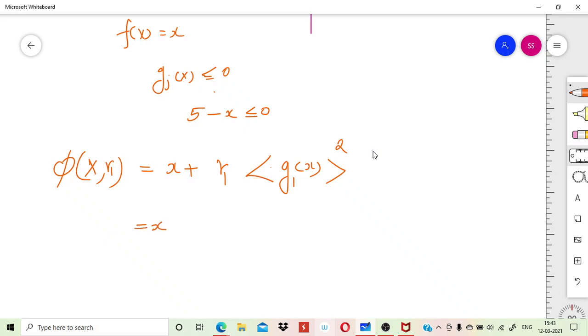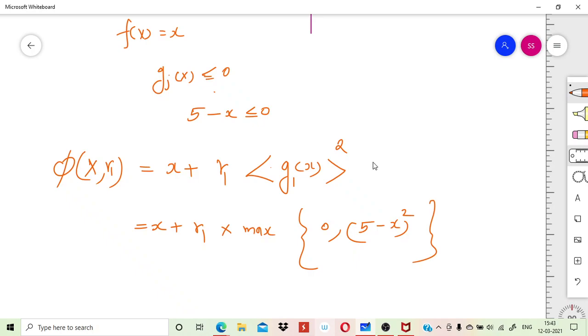So that means x plus r1 into the maximum of 0 and 5 minus x, squared.